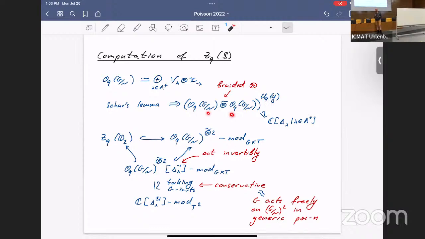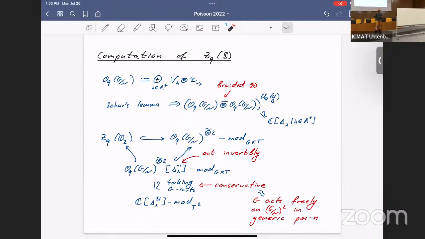But if you want to commute the two factors, then you need to use some R matrix relations to commute something from the first factor to something from the second factor. And then, as I said, it's a kind of calculation that tells us that, like before, when we're embedding our category that we assigned to a B disk inside OQG mod n modules, here we'll be embedding the category that we assigned to this disk with one G region and two T regions, so this D2, inside modules over this braided tensor product.